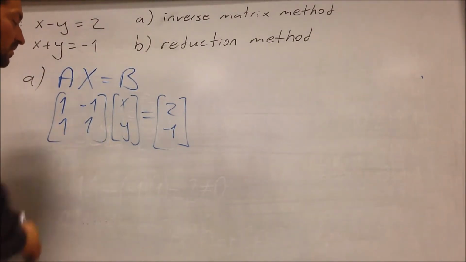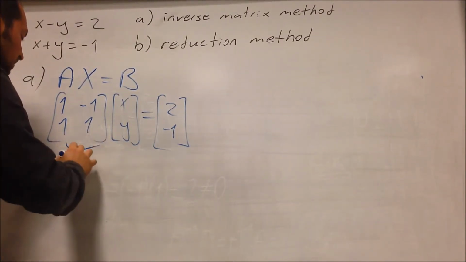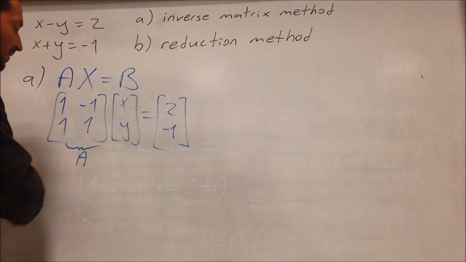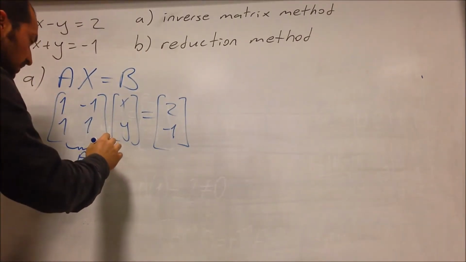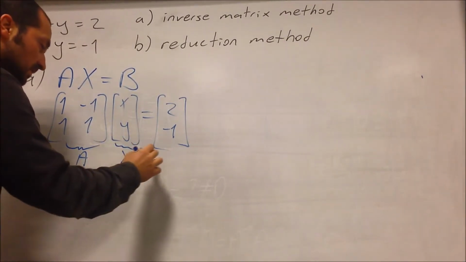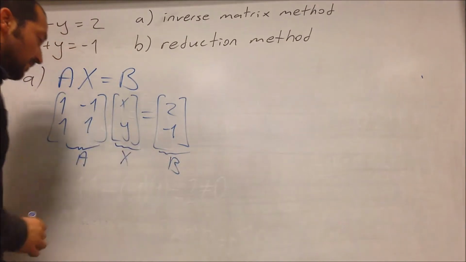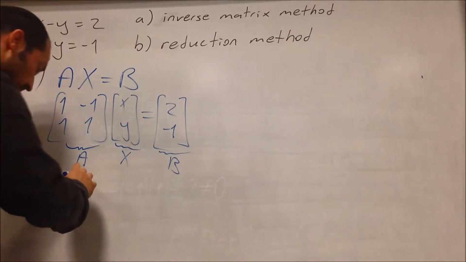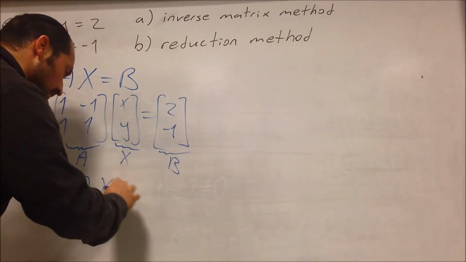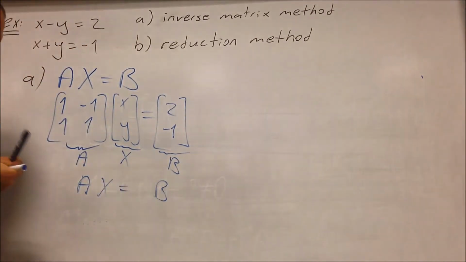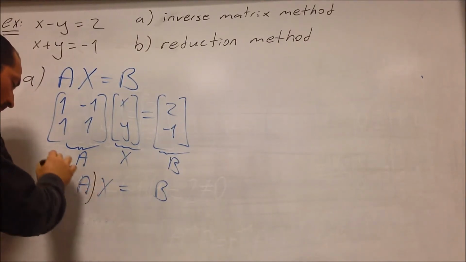The way to solve this question is as follows. First of all, A inverse must exist. Given A, we must actually have A inverse. The unknowns matrix X, and the constants matrix B on the right hand side. Now, if we have A inverse, then we multiply both sides by A inverse to determine the result.